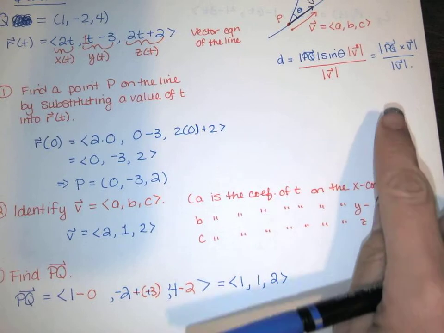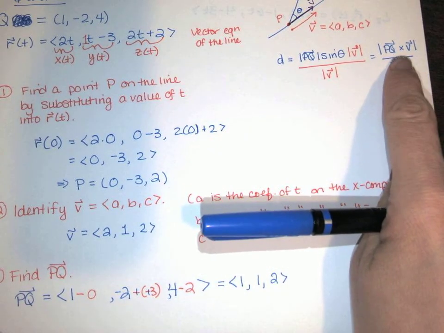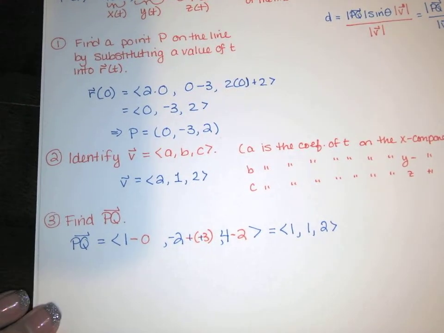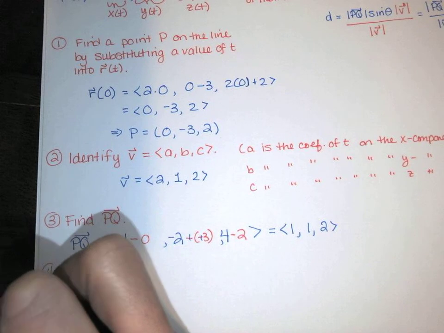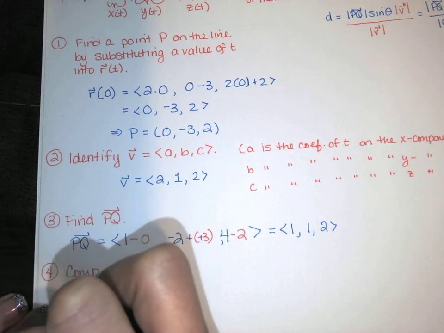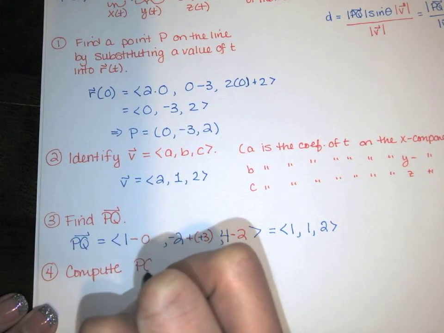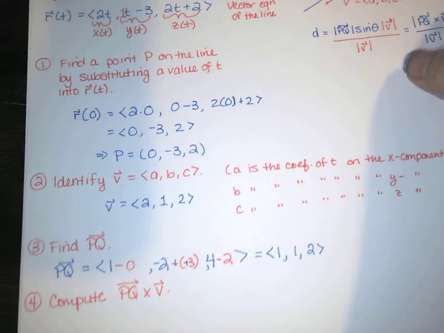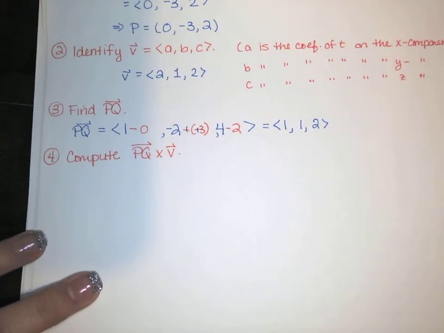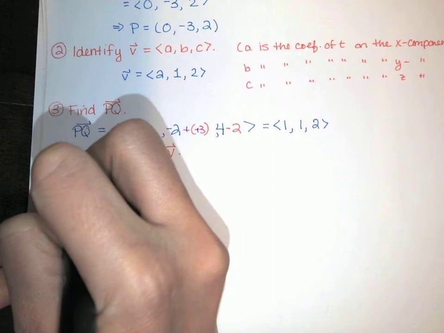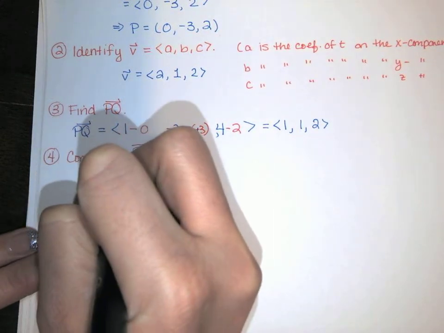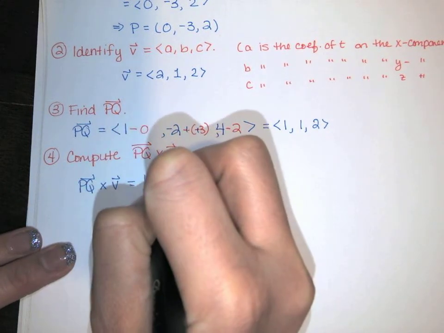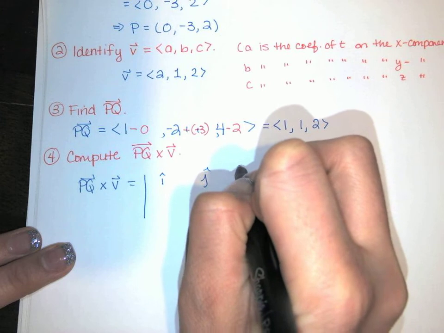So I've got PQ. Now I need to do PQ crossed with V. Take the cross product. I'm just going to use that determinant form. i hat, j hat, and k hat in the first row.